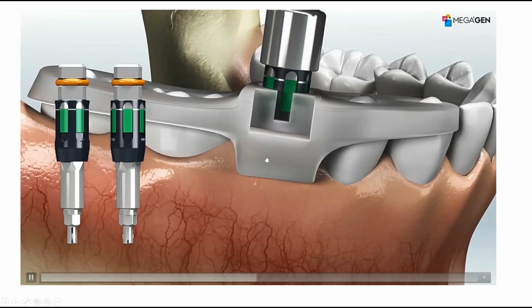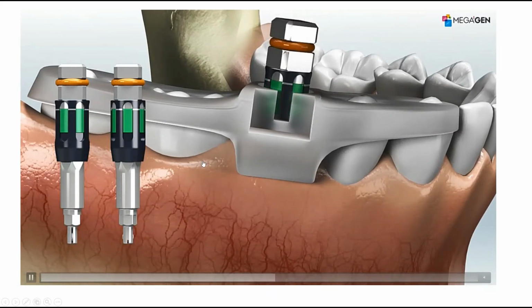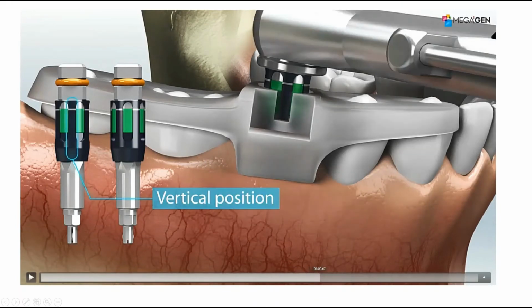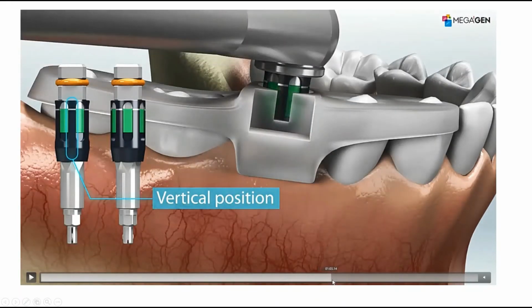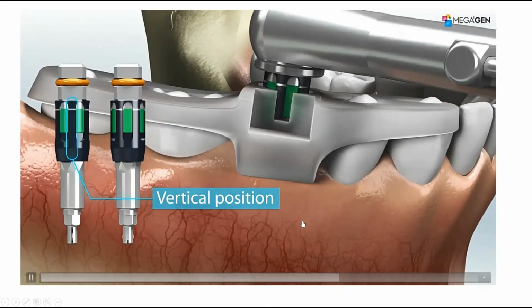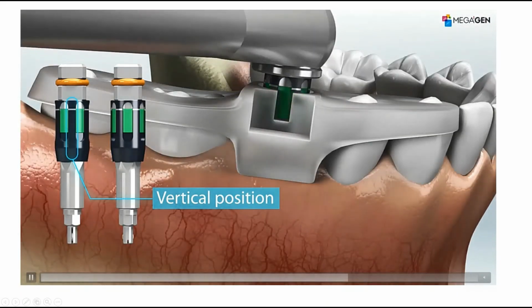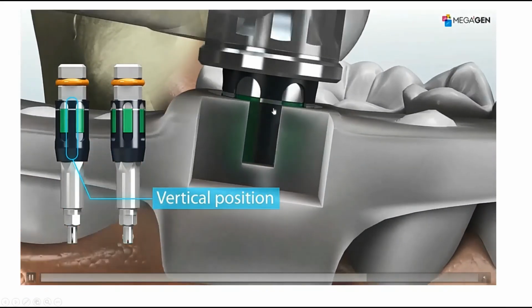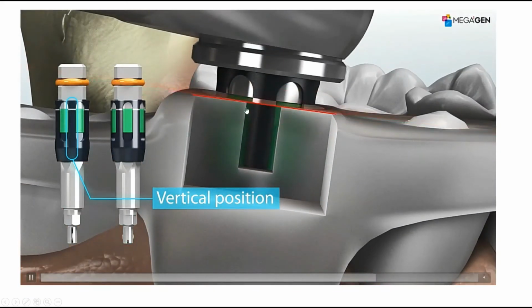When you're placing the implant with the handpiece, always stop about 1 millimeter to 2 millimeters before the final depth. Then, start to use your torque ratchet, and bear in mind that the first rule that we need to apply is the vertical position or the depth of the implant. And right now, this will be the proper depth of the implant that I planned for.